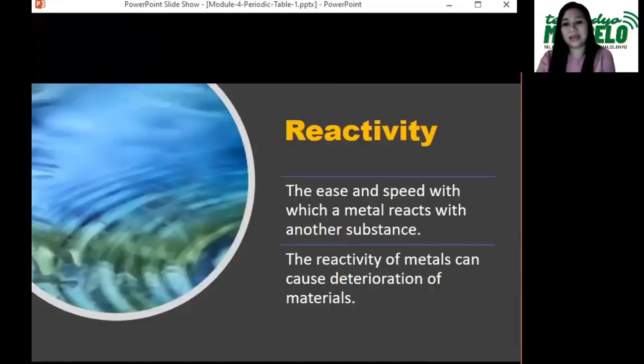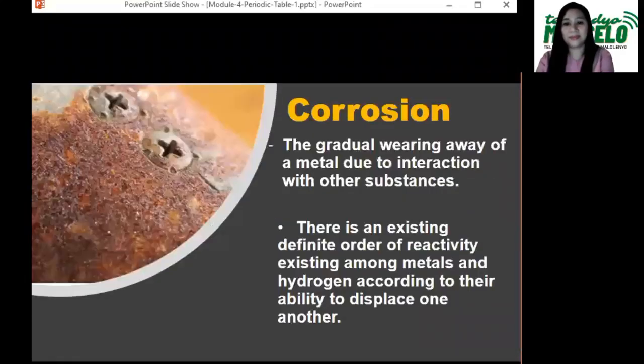Reactivity is the ease and speed with which a metal reacts with another substance. The reactivity of metals can cause deterioration of materials. Corrosion is the gradual wearing away of a metal due to interaction with other substances.